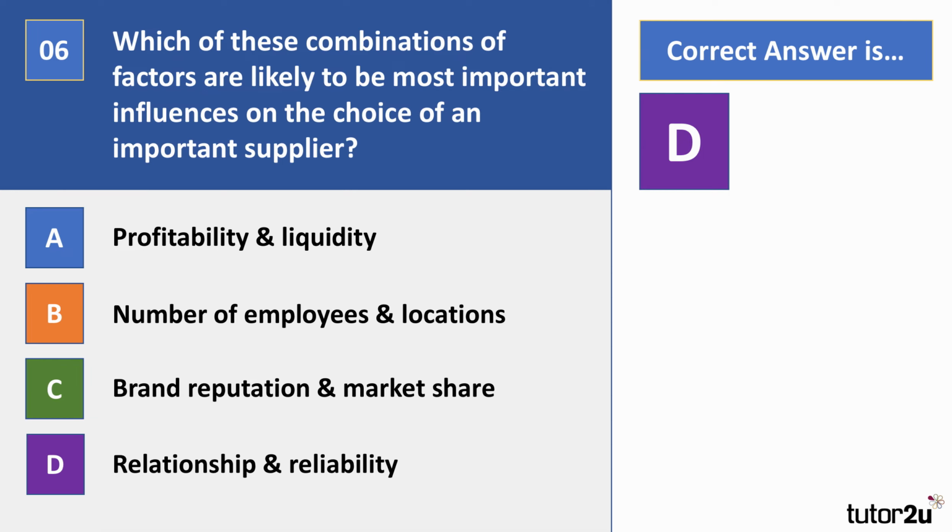But most importantly, it's about whether that supplier is going to be able to meet your demands, whether they are going to be able to work with you day by day, have a close working relationship and be reliable, both in terms of quality, the desired agreed quality, and also their ability to supply the right quantities at the right quality at the right time. So relationships and reliability are 2 of the most important factors when it comes to choosing an important supplier.